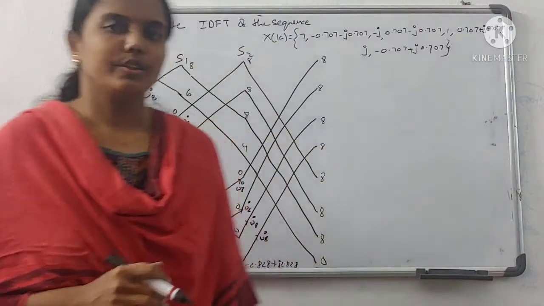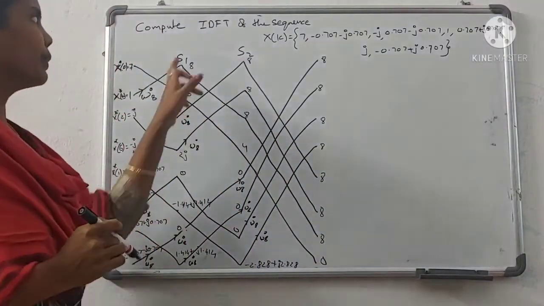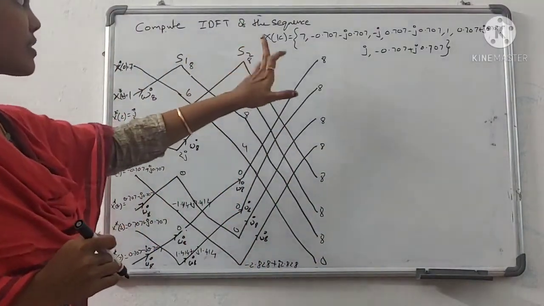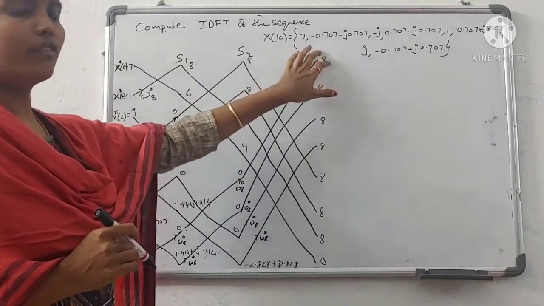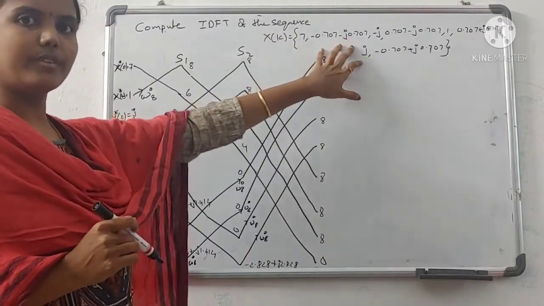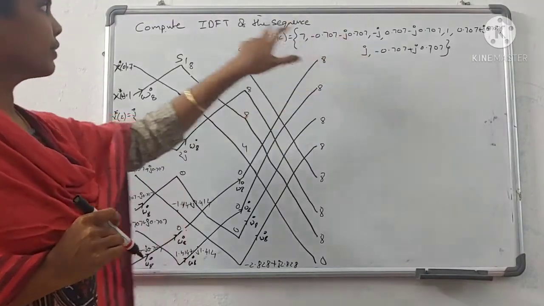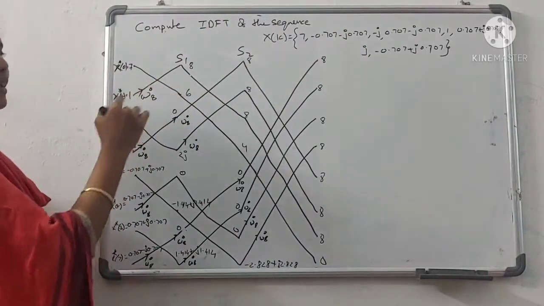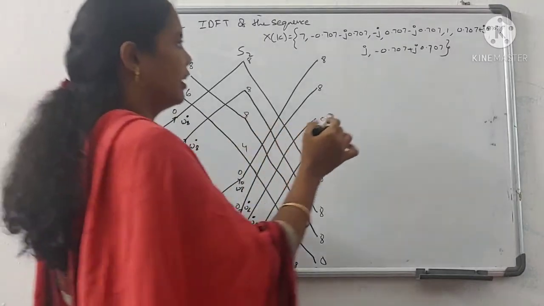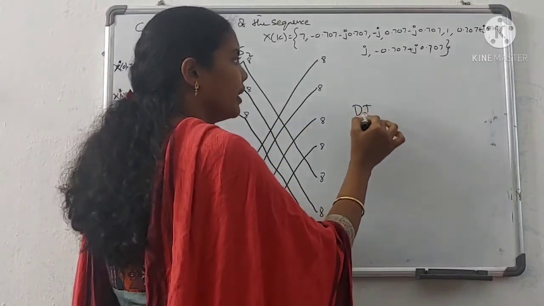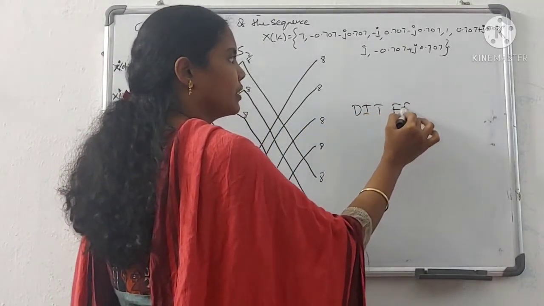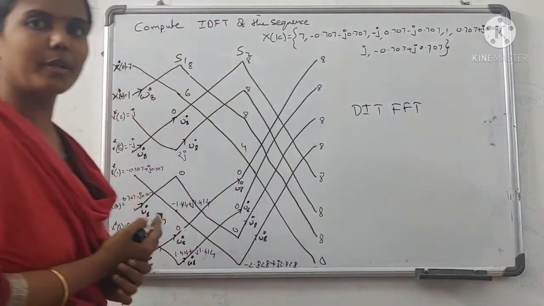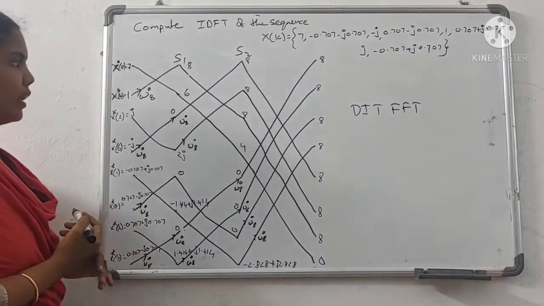The problem is to compute the inverse DFT of the sequence. The given data of x of k is this one. So for the inverse DFT, draw the butterfly diagram, the decimation in time FFT algorithm.